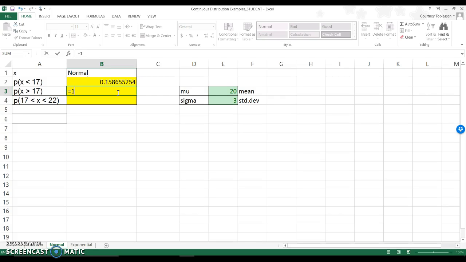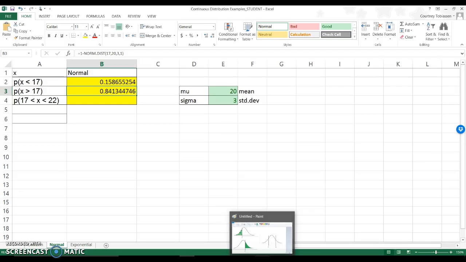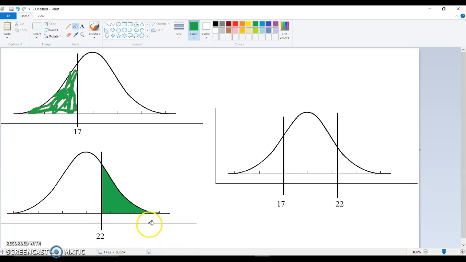So I can take 1 minus norm.dist, and again, putting in all of the pieces. And that gives me about an 84% chance of this part occurring. So we can take the whole curve and say this part, or we can say 1 minus this part and get the other side, if that's what we're interested in.